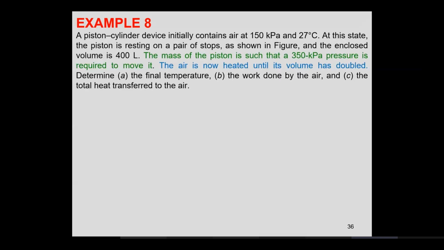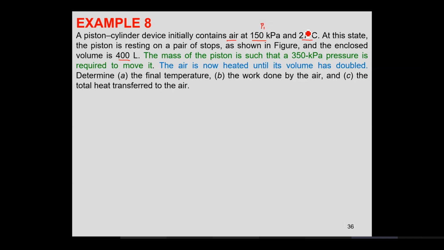So you have another example which says that a piston cylinder device initially contains air at 150 kilopascal, 27 degrees centigrade. So this is the fluid that is part of your system. At this state, the piston is resting on a pair of stops as shown in the figure, and the enclosed volume is 400 liter.